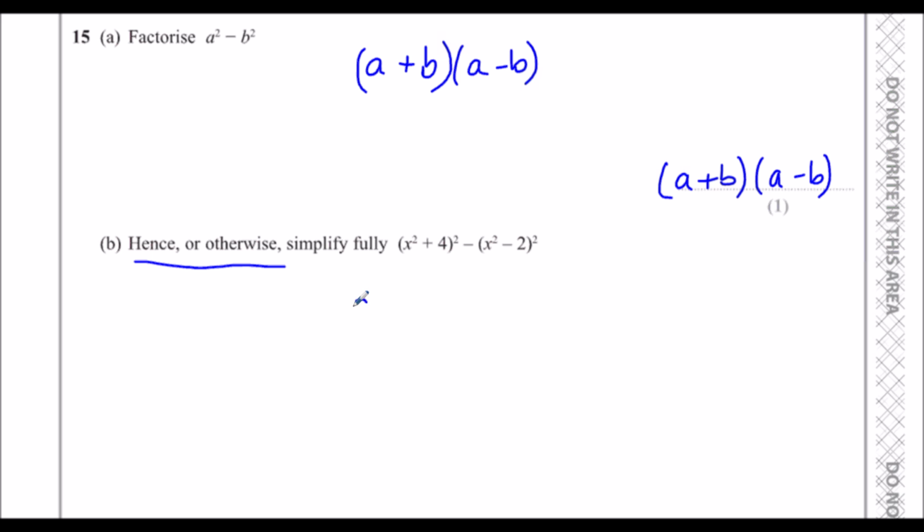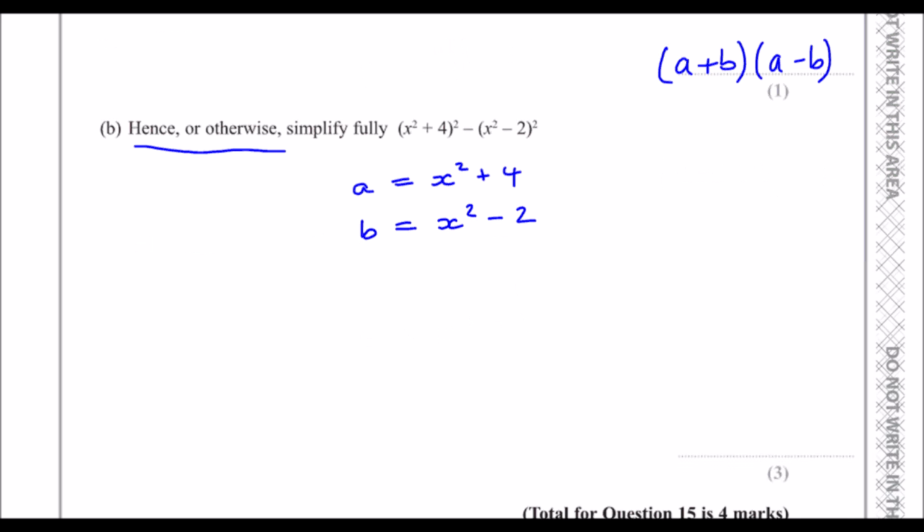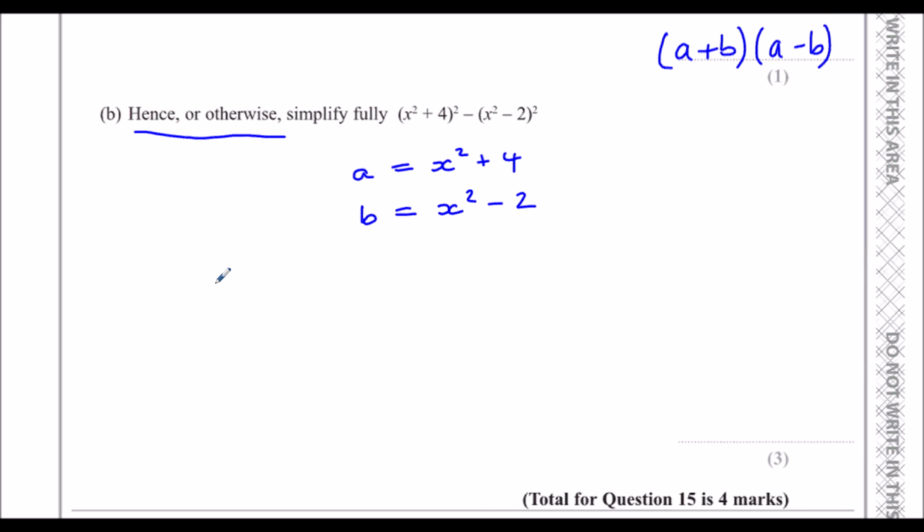Well, a has been changed to x squared plus 4, and b has been changed to x squared minus 2. So in our answer from our previous question, we can change a into x squared plus 4 and b into x squared minus 2. So let's give that a go and see what happens.